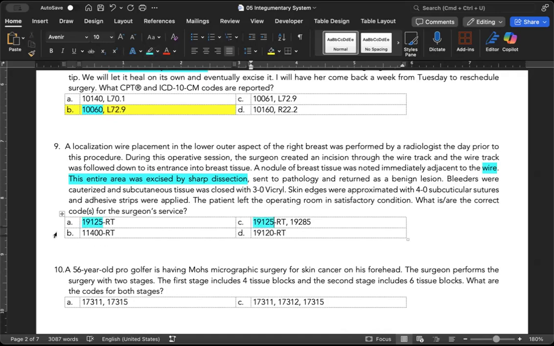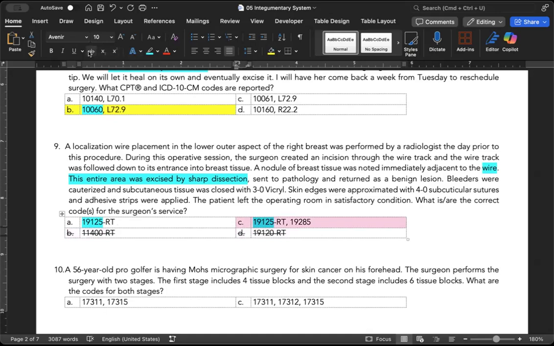Now, the main question is, do we code the 19285? The 19285 is the placement of the breast localization device. So are we reporting the 19285? Right. I've got a couple people saying that it is letter A. Some people are saying no. Right.